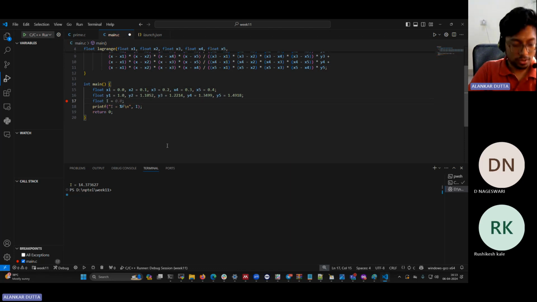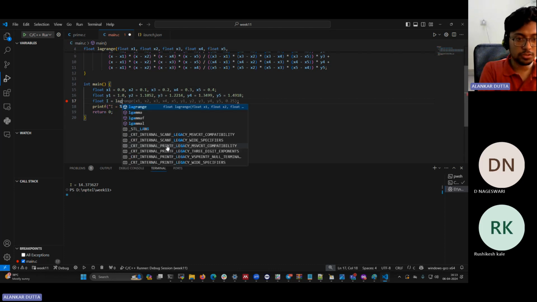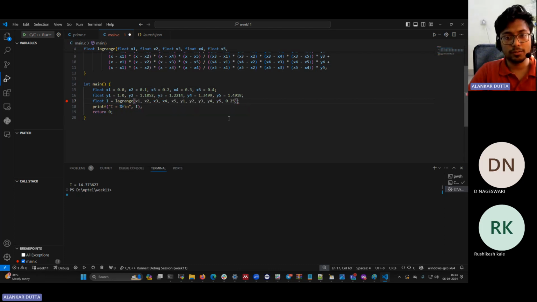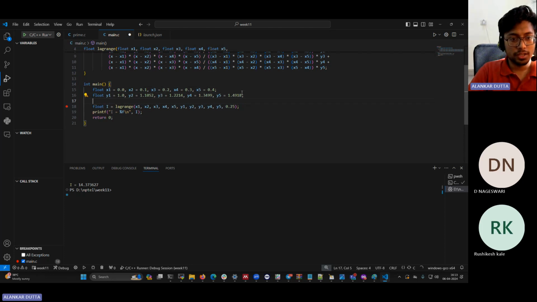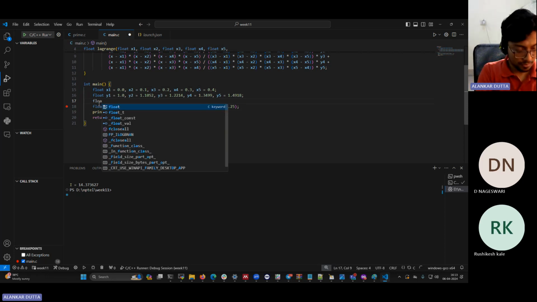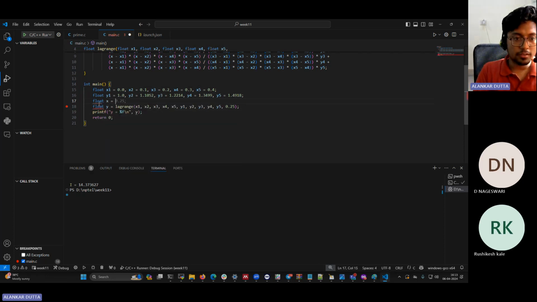So here we will be calling Lagrange with the value of x where we want to find out, and this will be the value of y of the function, so y is equal to that.